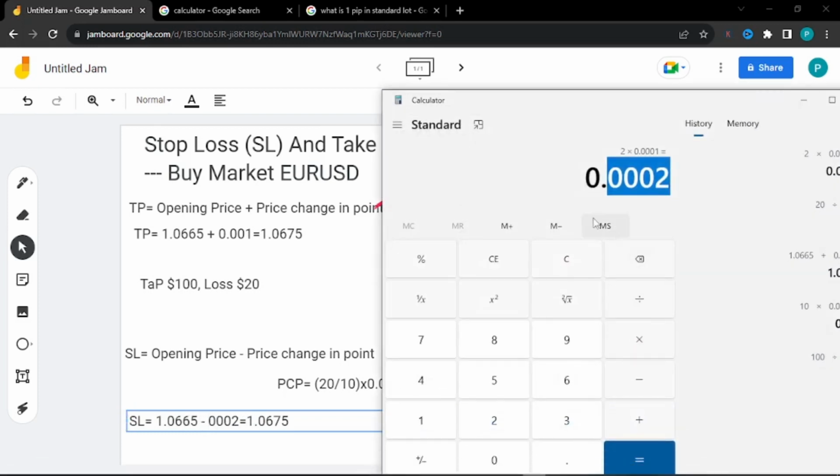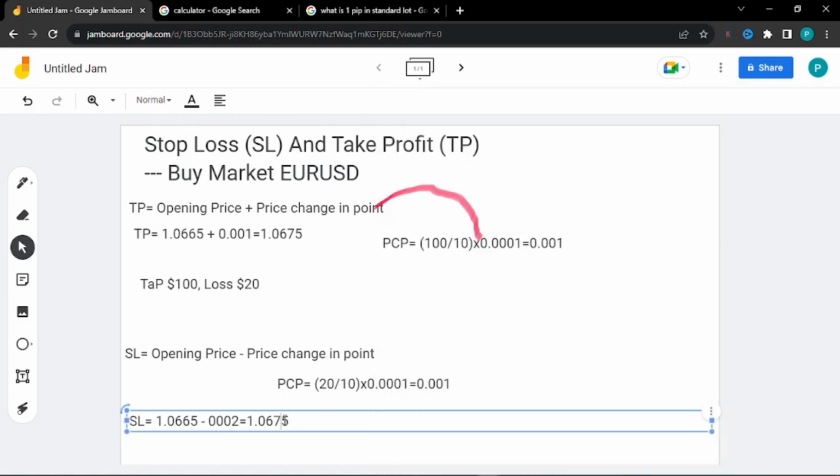So now opening up my calculator again. 1.0665 minus 0.1232 equals. So now your stop loss to actually lose exactly $20 from the trade would be 0.63.